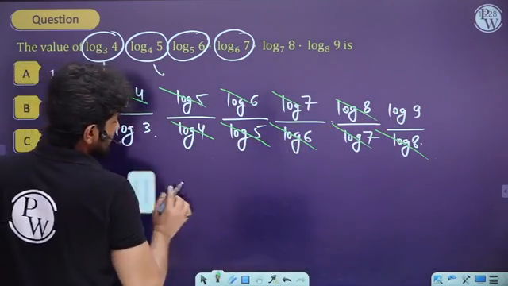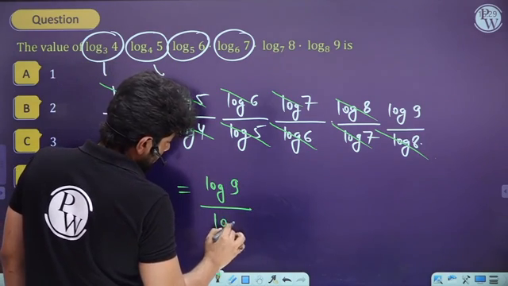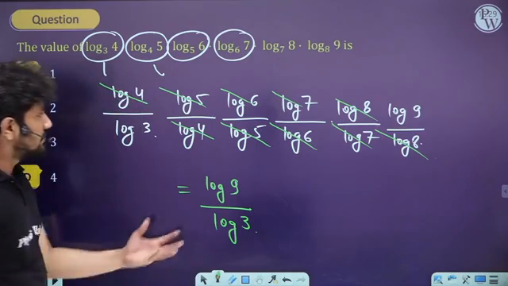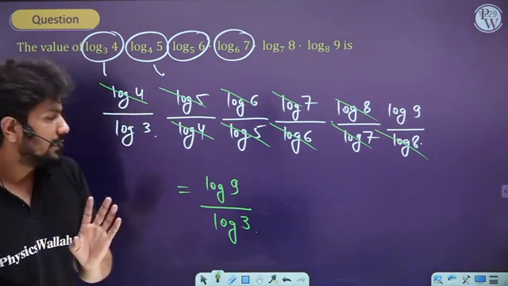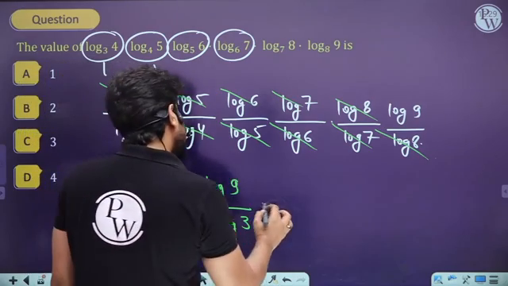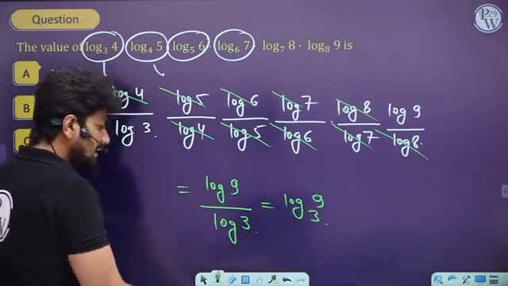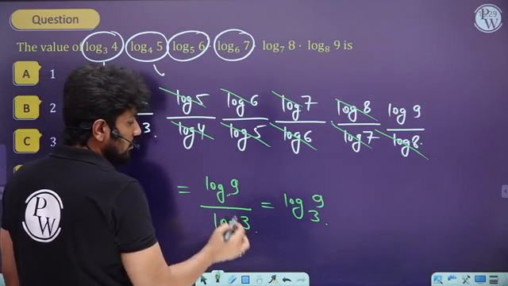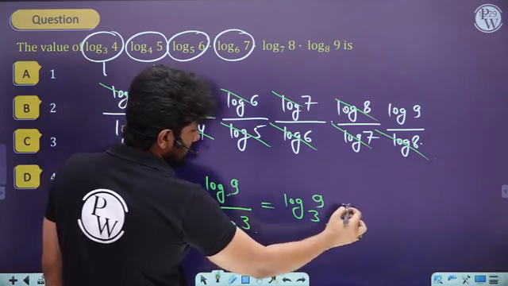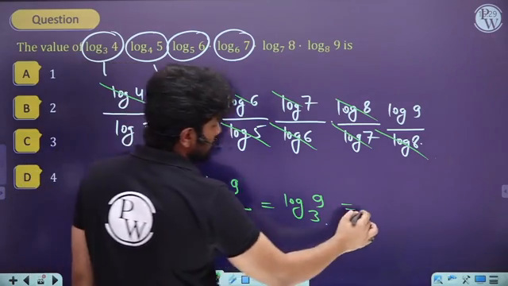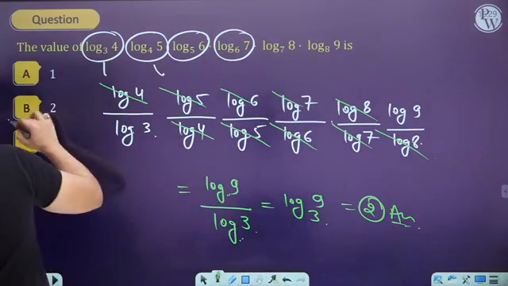Now log of 9 upon log of 3 can be written as log of 9 to the base 3, because the base is the same. Which will be equal to 2. That's our answer for this question, which is option B.